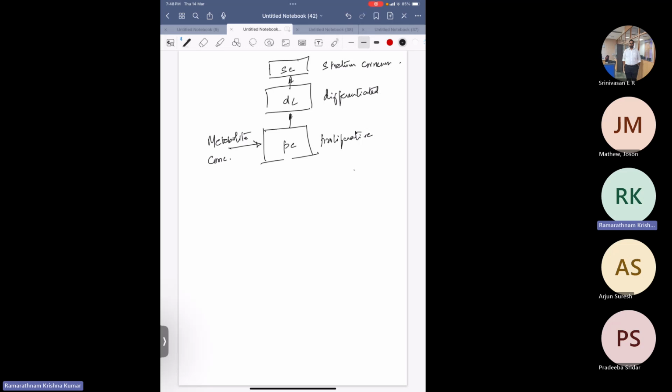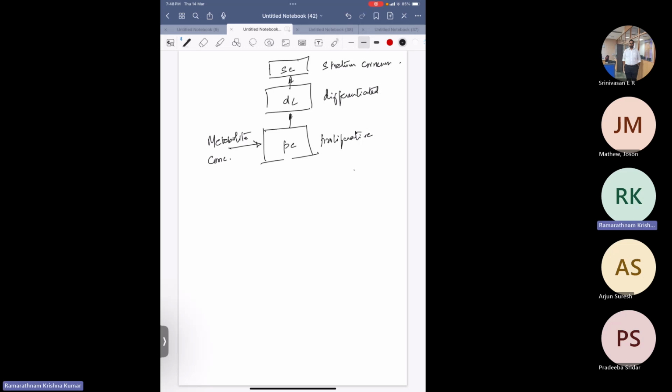Similar here again, mass balance, that's all, nothing more. So this is how you write down the differential equations.